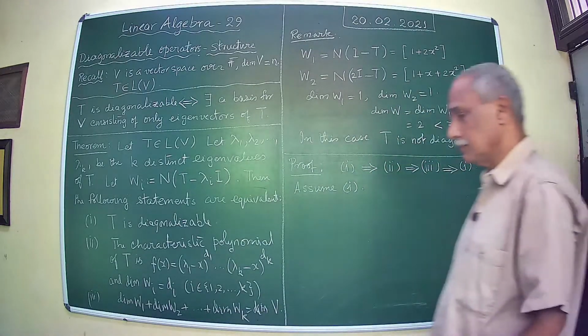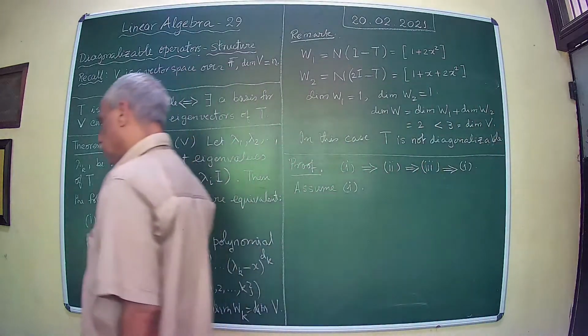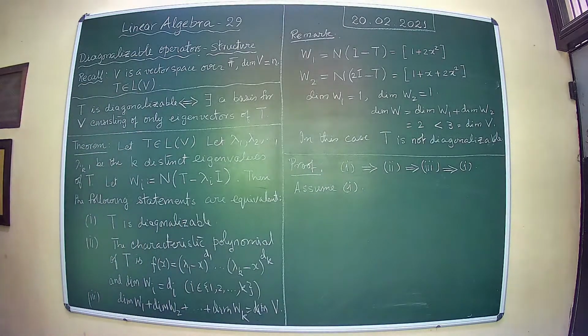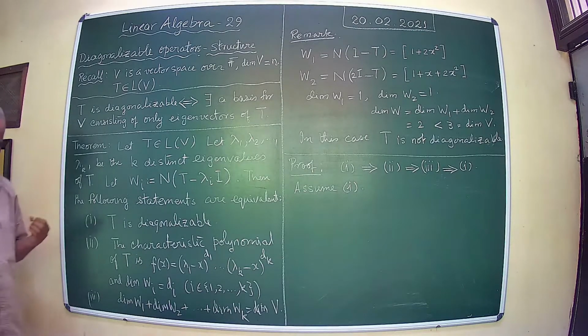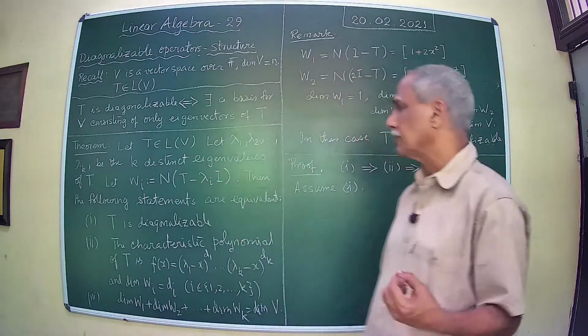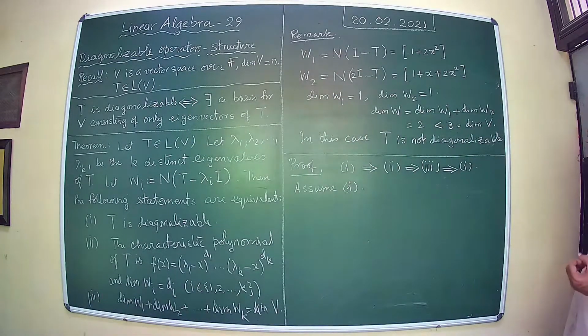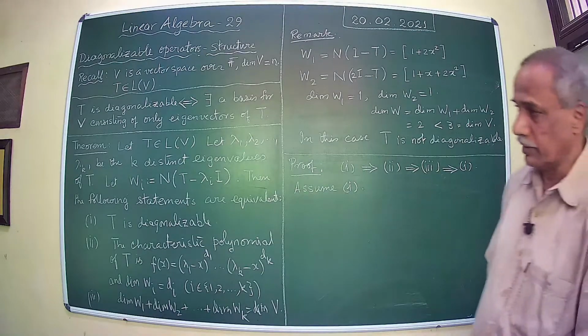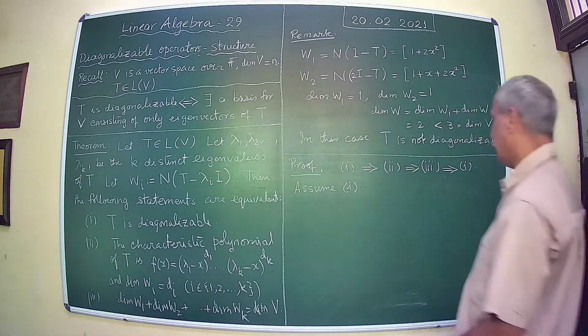What does it mean? It means that you can find an ordered basis, and with respect to this basis, the matrix representation is a diagonal representation. Okay, so what we have is this.